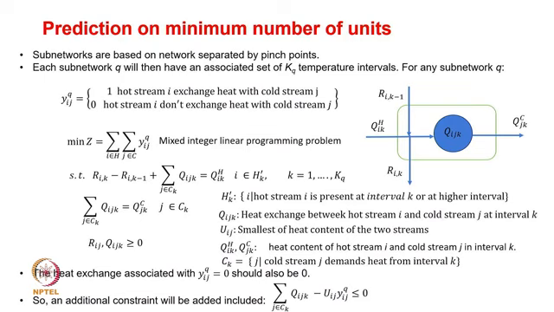Why? Because if all connections are available, this would be a perfect balance, and instead of this inequality it becomes an equality. But otherwise, this additional constraint would play a role in keeping things balanced.